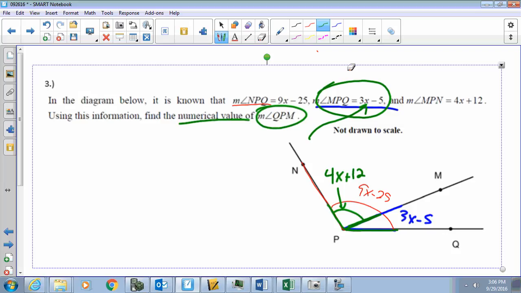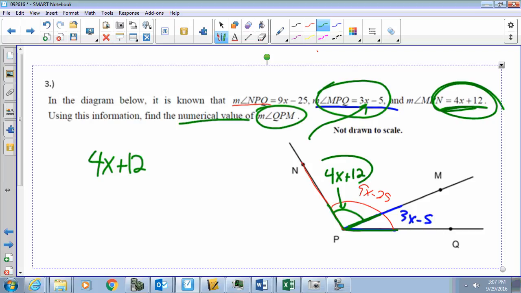So what's the equation? Well, we have the whole angle, and then we have the two partial angles. The two partial angles are represented by 4x plus 12. That's this one. And that's NPN, which is this one here, right?